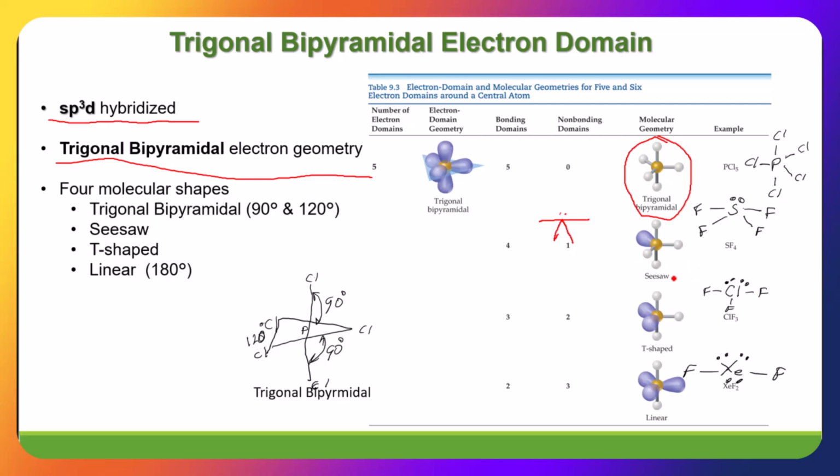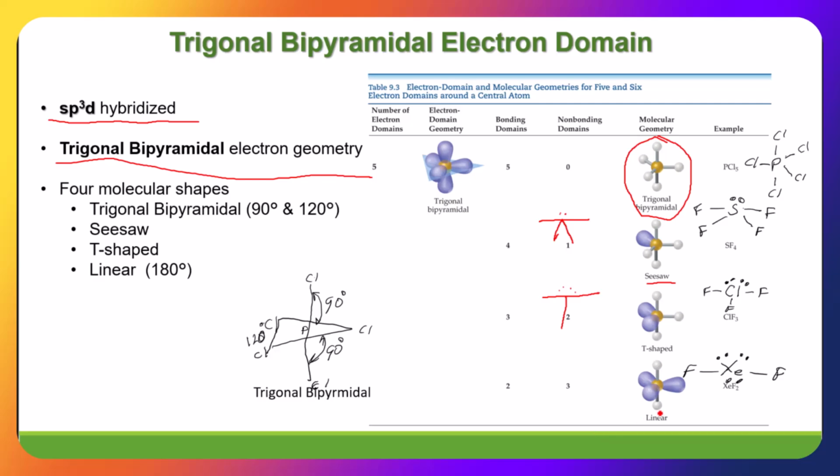And so that gives you a molecular geometry that is seesaw. And then we have this, which again, the non-bonding electrons go in the equatorial position, and that gives us a T-shape molecule.